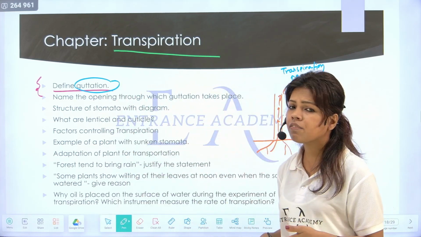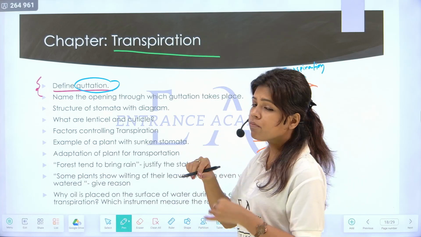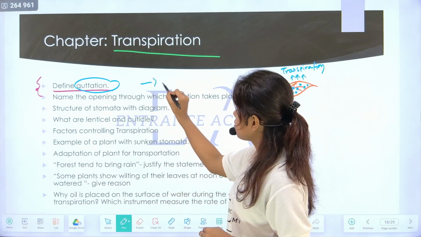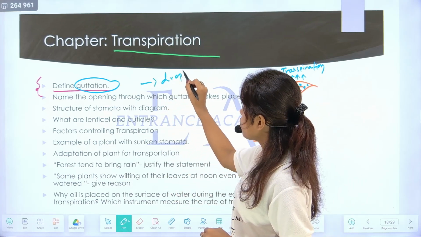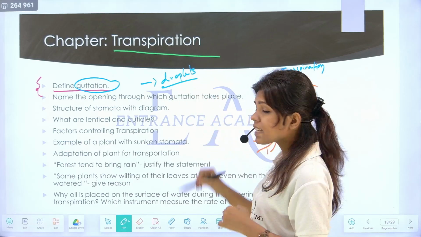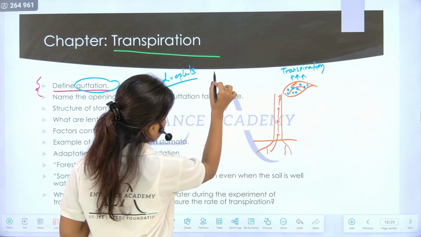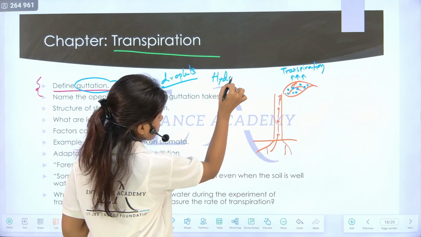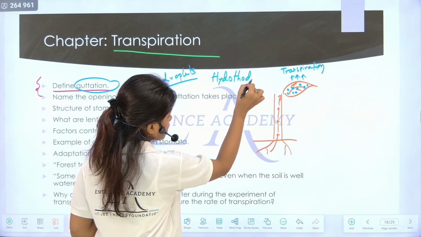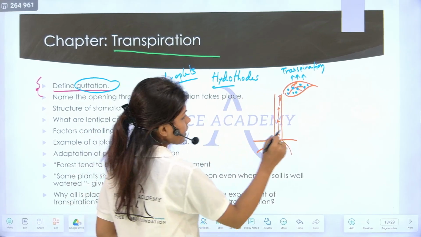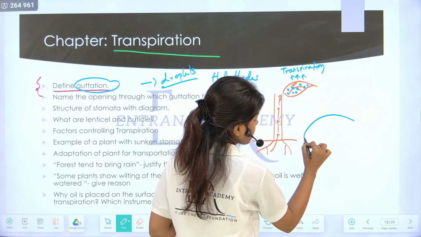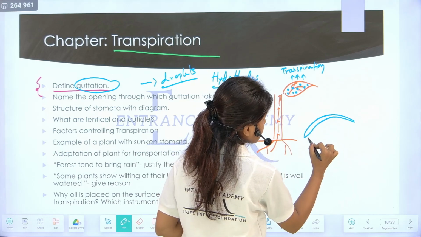What about in case of guttation? The excess water will come out in the form of water droplet. And there is another opening known as hydatodes. Where is it located? It is located in the margin of the leaf. For example, this is a grass type of leaf.